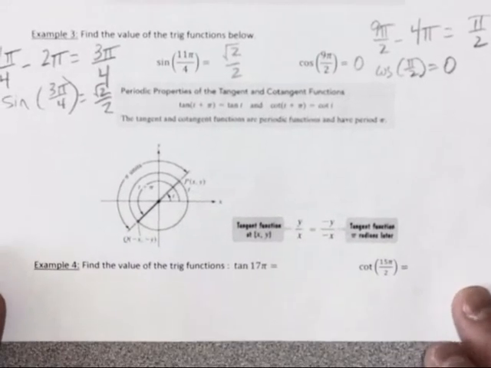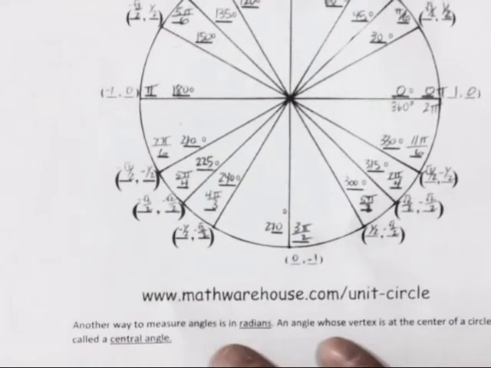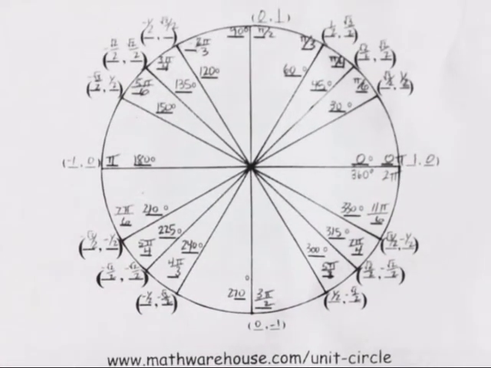If we look at the period for tangent, the period for tangent is actually pi. If you look at your unit circle, you can start to see where tangent starts to repeat itself. If I look at these ordered pairs in the first quadrant, notice they're both positive. I get tangent by doing sine over cosine.